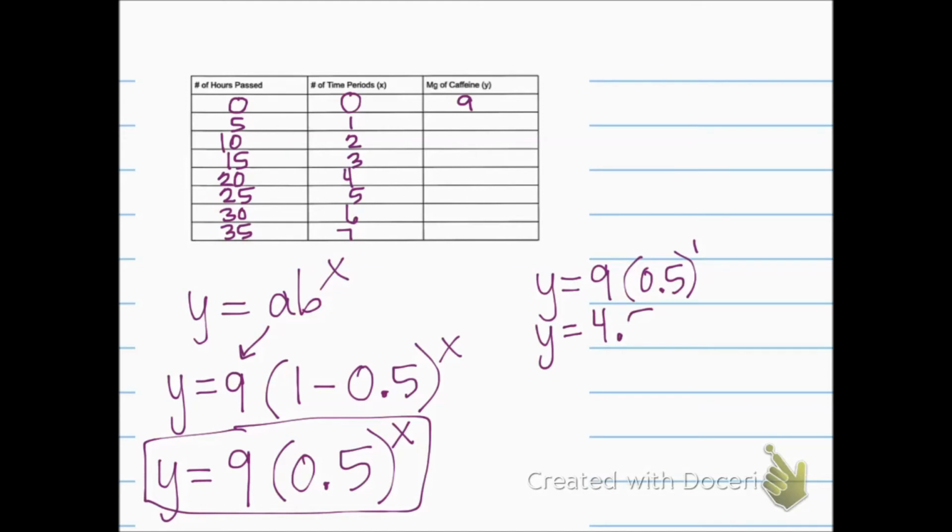You end up with 4.5, which makes sense because 4.5 is half of 9. So if you go to the next step, we're going to do the same thing except our exponent is 2 this time. So if you use your calculator for that, you get 2.25.